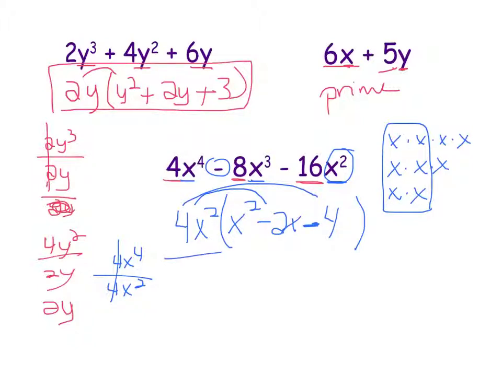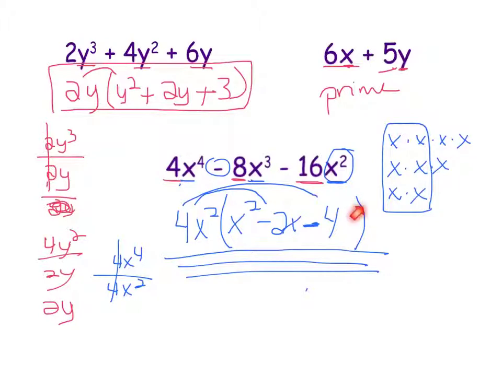So, again, this is what I'm looking for. This is what your final answer should look like. You're not going back and re-multiplying it all back out. You're leaving it like this. So to review, you're looking for the greatest number and greatest variable they both have in common, and then you're dividing it out of each term to see what you have left for the other factor.